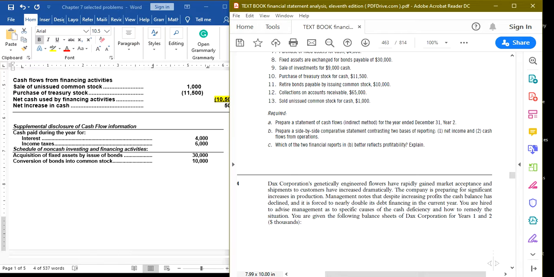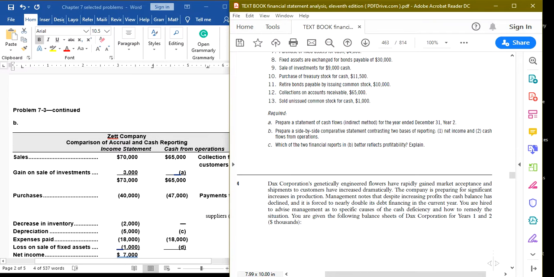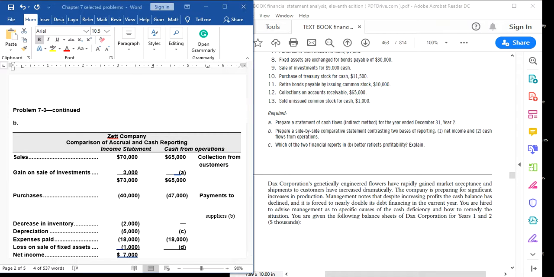Now prepare a side-by-side comparative statement, at the accrual basis. So we compare net income and cash flow from operations.